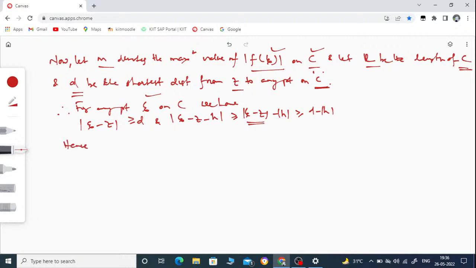Hence I can write mod of f of j divided by (j minus z minus h) whole into (j minus z) whole square.